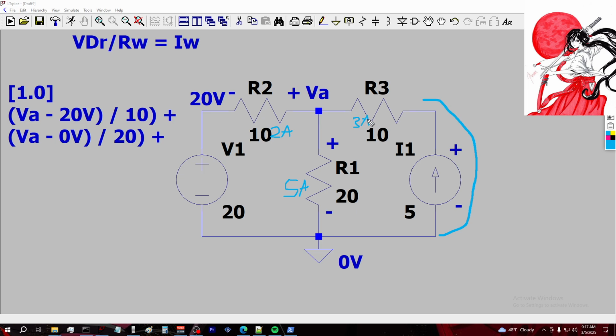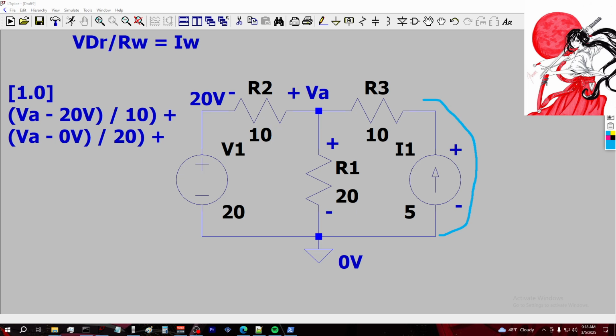Basically, we're saying positive 2 amps plus positive 3 amps plus negative 5 amps will give us zero. That's basically what this equation is trying to say, which is why all of that is equal to zero.